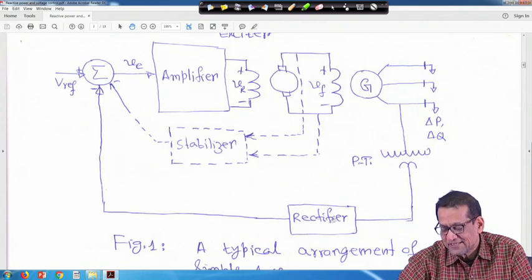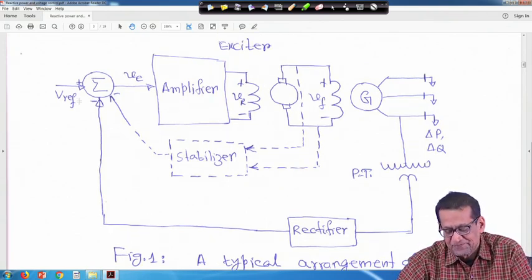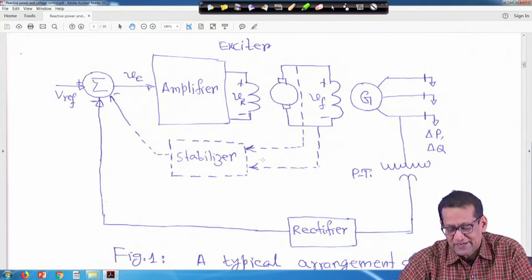Then a rectifier rectifies the voltage and it is fed back, and it is compared with a voltage reference signal. There is also a stabilizer, the dashed line, which is excited by the exciter voltage.